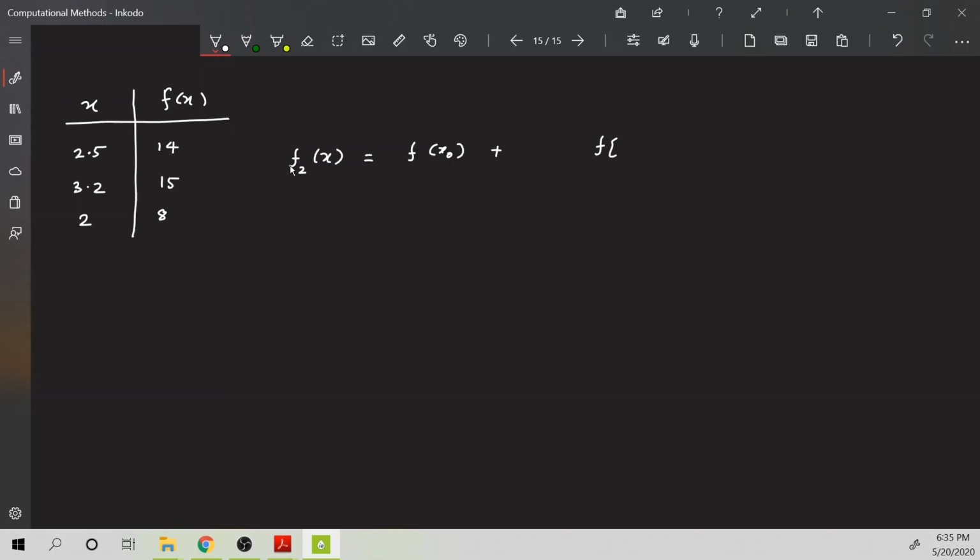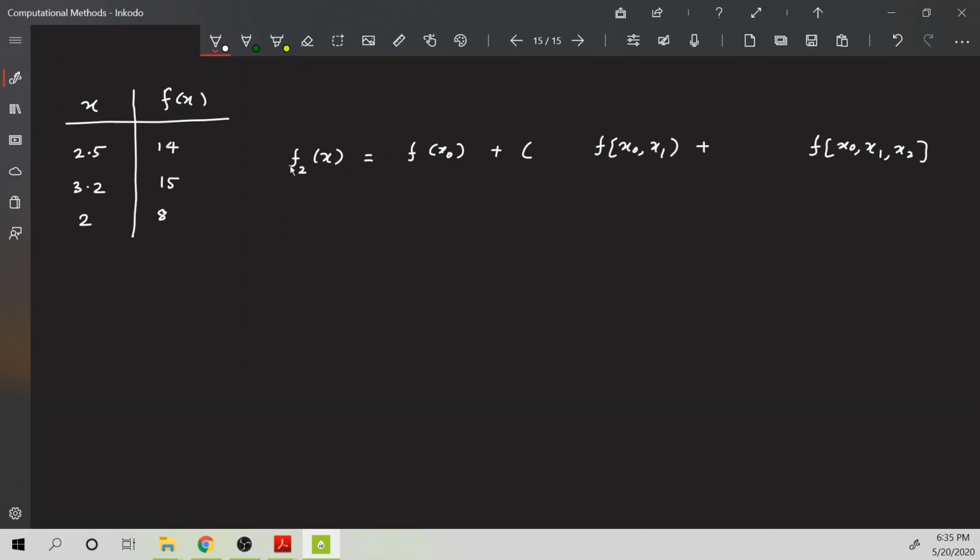So we have to go till 2. For the first one it is going to be f[x1, x0], and then the second divided difference f[x0, x1, x2].